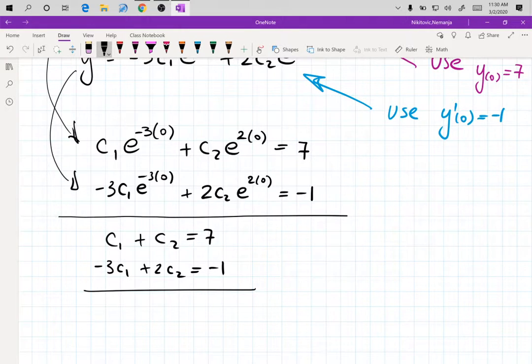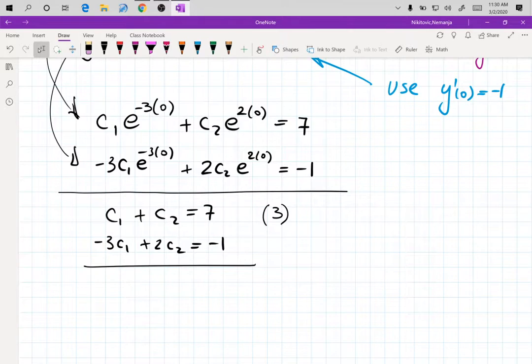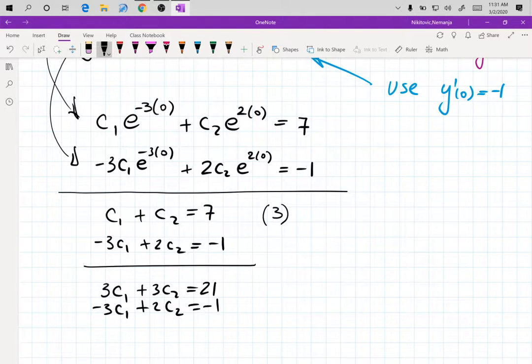I'm going to multiply the top line by 3. We can also do negative 2. There will be smaller numbers, but it doesn't really matter. 3c1 plus 3c2 equals 21. And negative 3c1 plus 2c2 equals negative 1.